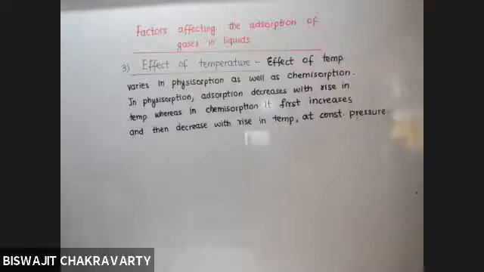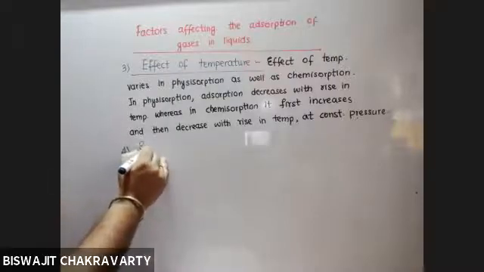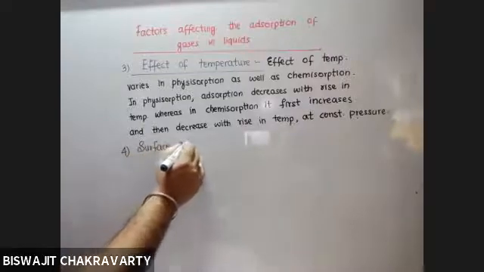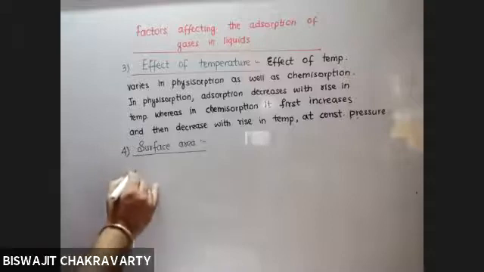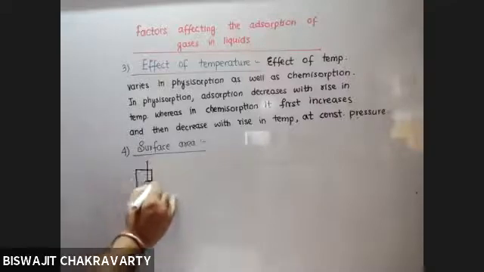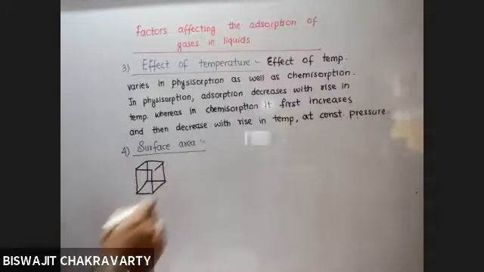Point number 4, surface area. The surface area also plays a very important role in the rate of adsorption. Generally, if you want to increase the rate of adsorption, you need to increase the surface area of the adsorbent. It is like taking a block of charcoal and converting the same charcoal into pieces.